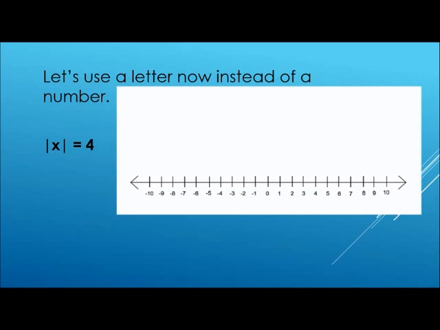Well, if we look at it this way, x can equal 4 because 4 is 4 places away from 0 on the number line. But x can also equal negative 4 because negative 4 is also 4 places away from 0 on the number line. So since x can be one of these two, we write the answer this way.